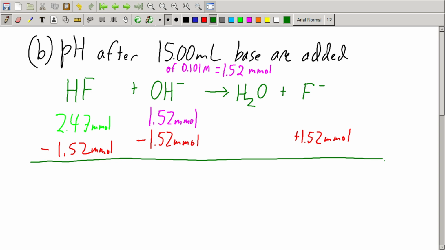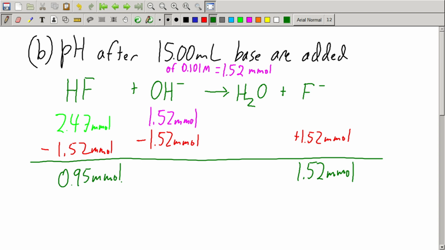So what do we have left? We have a solution that contains 1.52 millimoles of conjugate base and 0.95 millimoles of conjugate acid. What kind of solution is it? It's a buffer. Yeah, okay.